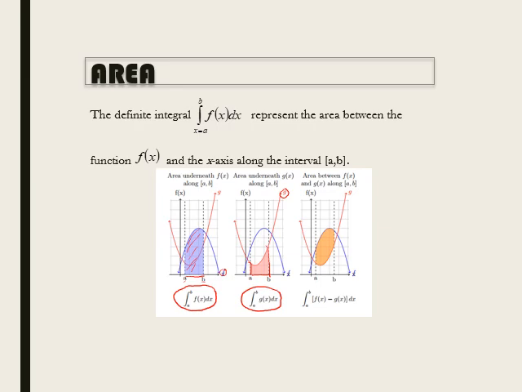Okay, but we can also find the area between the two graphs. For example, the area between f and g. So the upper curve you see here between g and f, the two graphs here, the upper curve is f.